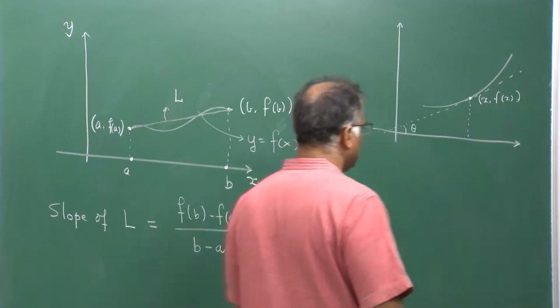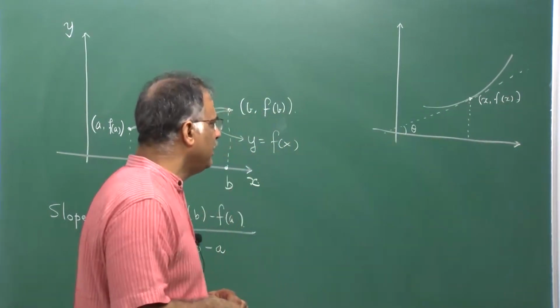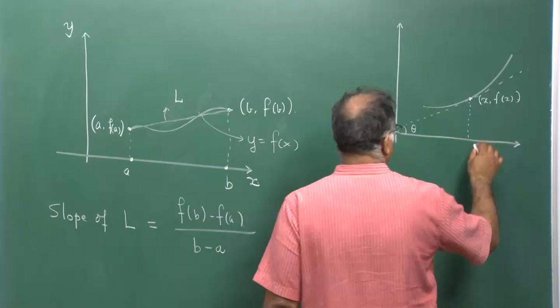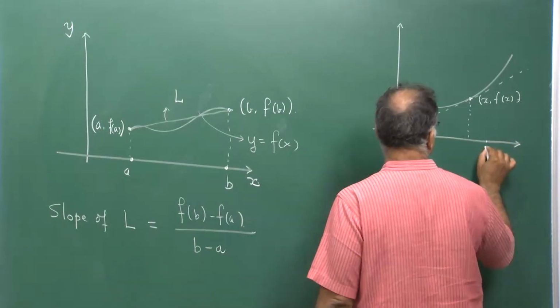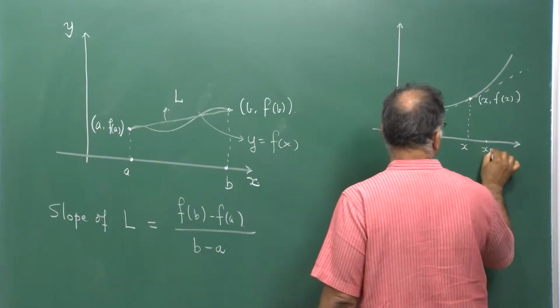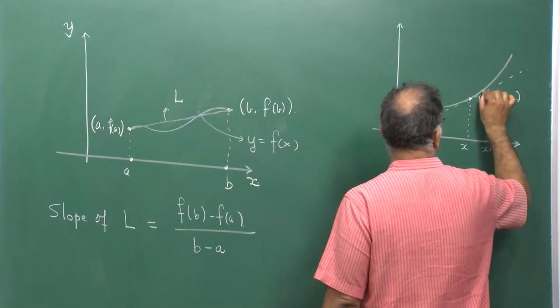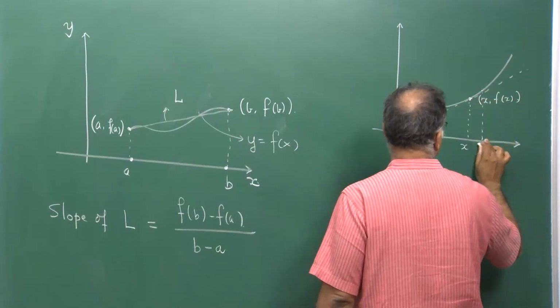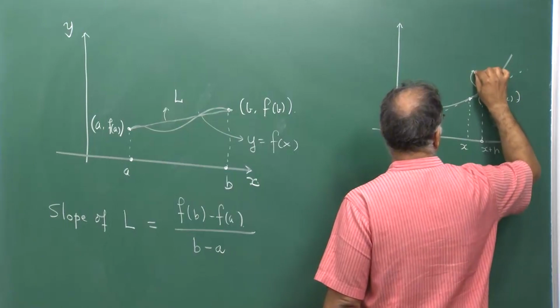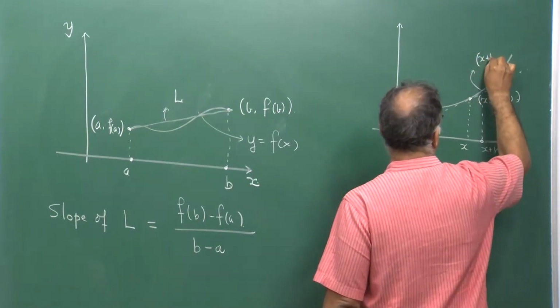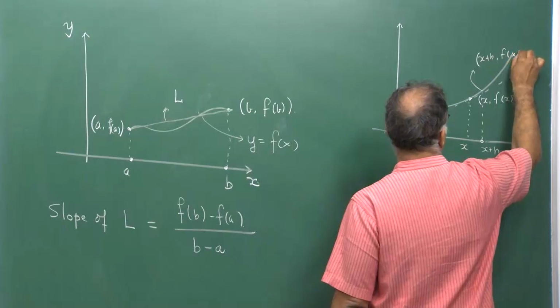Because what does the definition of the derivative say? If you take some point here which is, say, x, then this is x plus h, and you will have a point whose coordinates are x plus h and f of (x plus h).